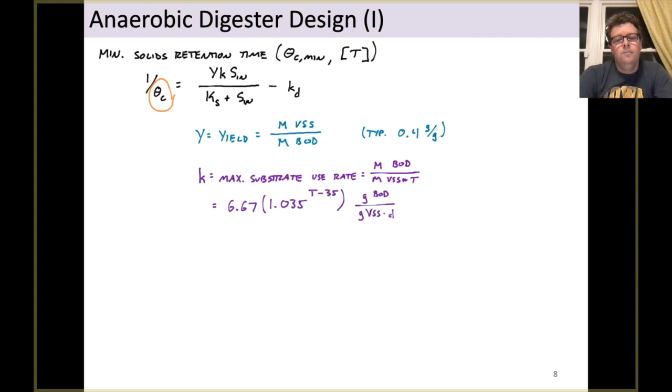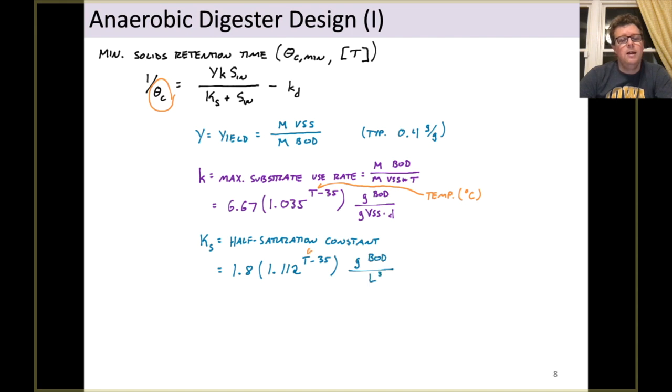And we know temperature is extremely sensitive, and you can see there's an Arrhenius equation formulation here that'll let us calculate this using the correct temperature in degrees Celsius that we plan to operate at. And that'll have units again of grams of BOD per gram of volatile suspended solids per day. Continue working through the equation.